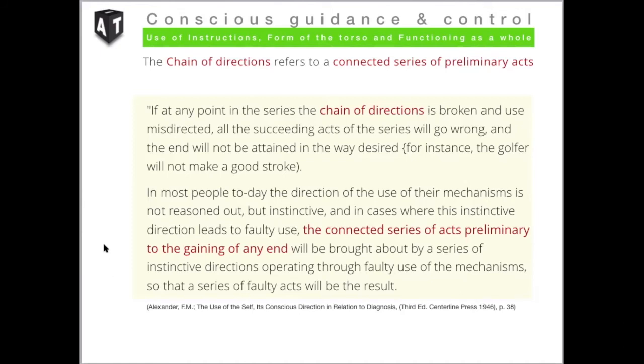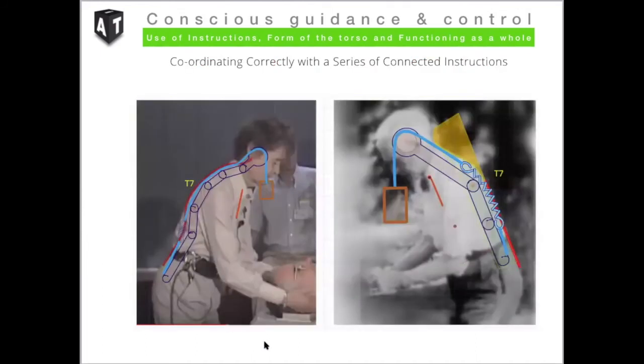And so suddenly you compare the two images and you think that, well, yes, there must be a series of preliminary instructions that have to be given together for the lower torso, the middle torso to act together, while the upper torso and the head are acting as load.